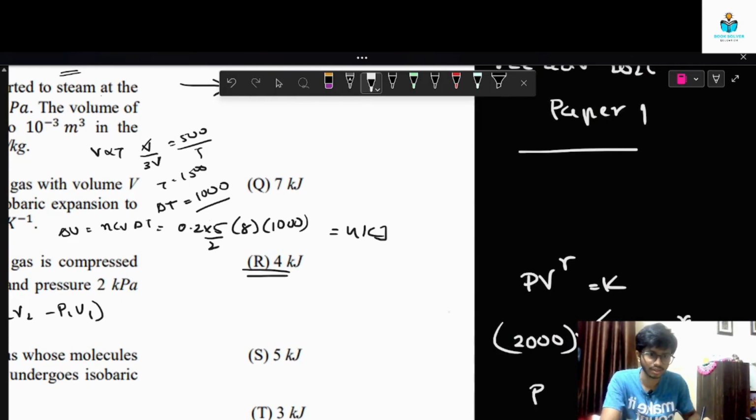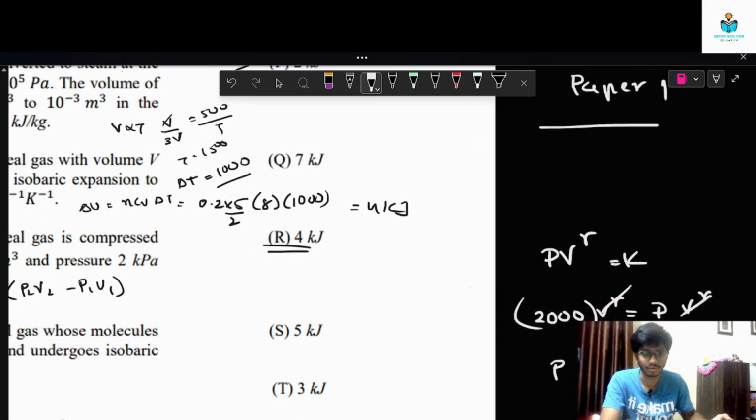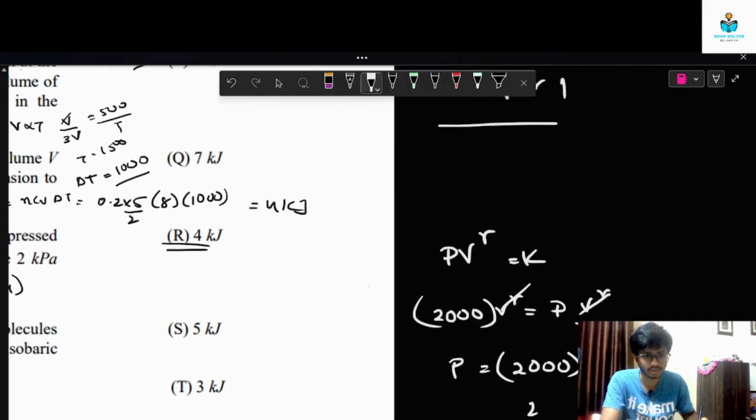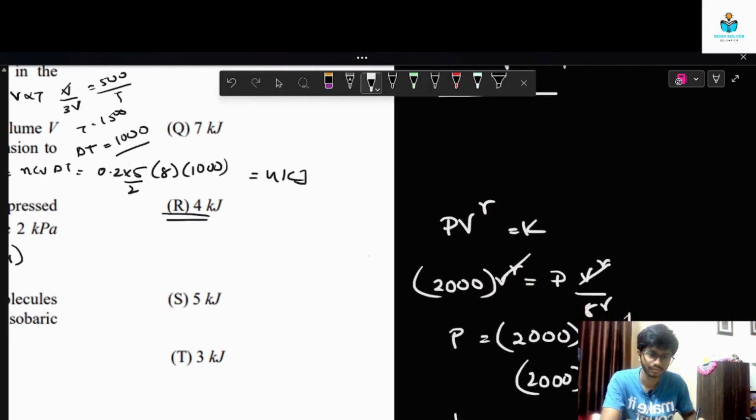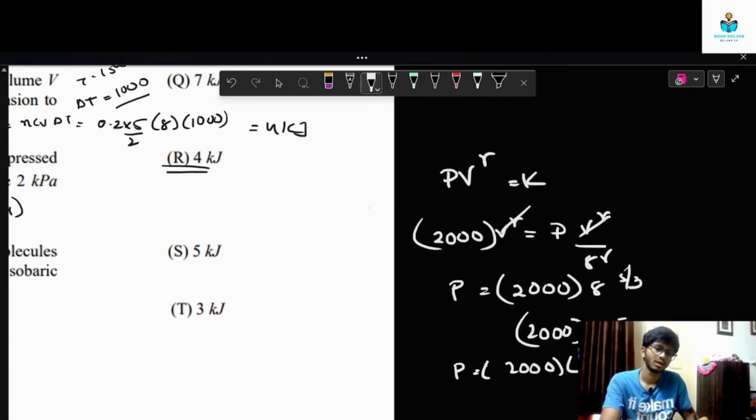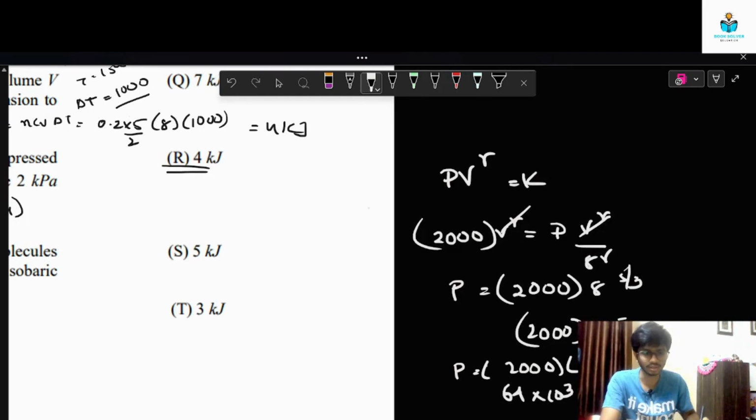So pressure is now 2000 into 8 to the power 5 by 3. It is basically 2000 into 2 to the power 5, which is 2000 into 32.